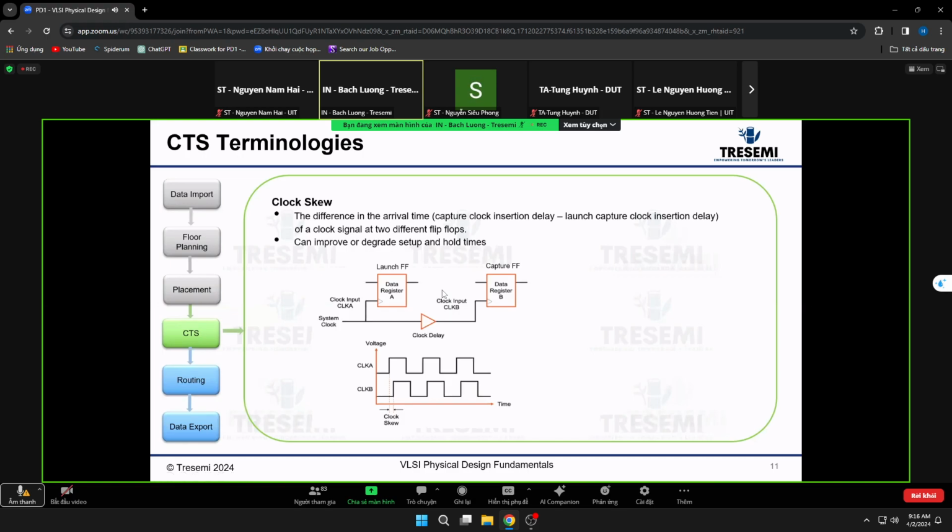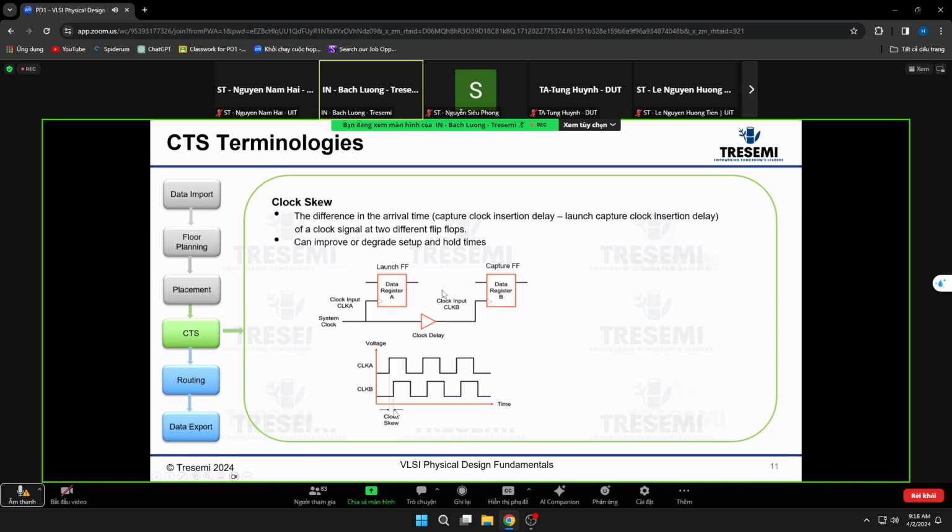The skew will be the difference: 2 minus 1 is 1 nanosecond clock skew. You can see this in terms of the waveform, with the launch edge of the launch clock and the capture clock.